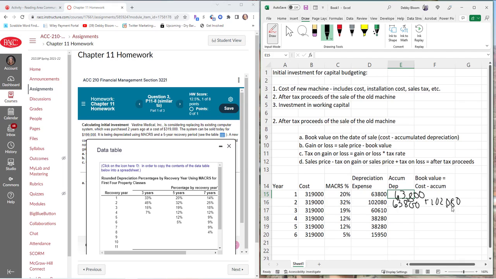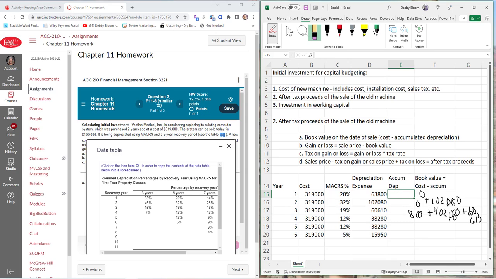For year 3, I would take the $63,800, I would add the $102,080, and then add the $60,610. So hopefully you have the pattern by now.